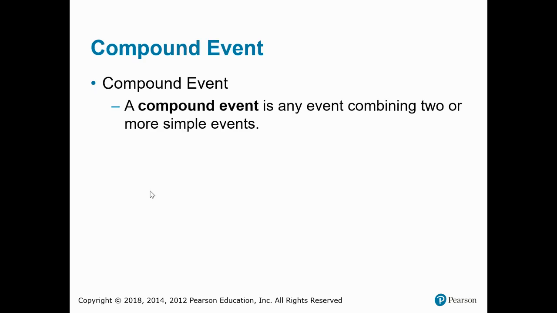Good job. All right. So a compound event. What's a compound event? It's an event combining two or more simple events. So all of section 1 was about simple events, single things, individual things happening. A compound event is combining two or more of those simple events and knowing how we're combining them.